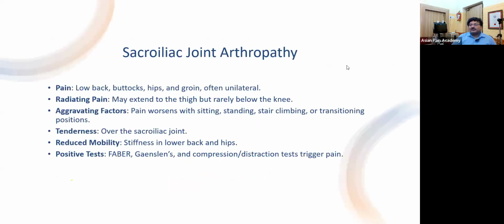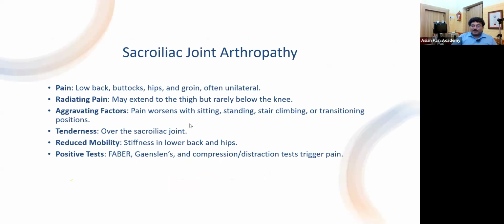Now, how does the pain happen in sacroiliac joint pain? Pain in the low back, buttock, hip, groin, often unilateral because bilateral sacroiliac joint involvement is comparatively rare. The pain may extend to the thigh, but rarely goes below the knee.